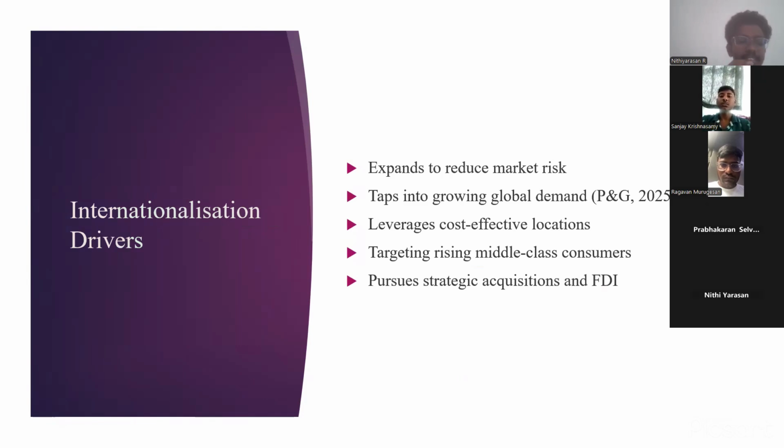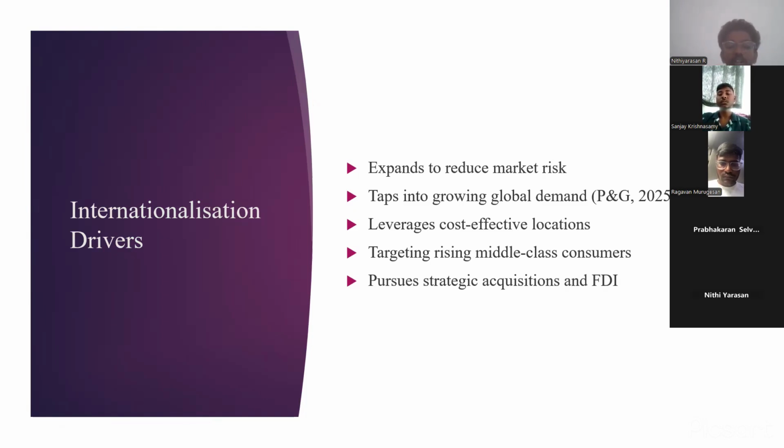This is the internationalization level. So what pushed them to go global? They had several reasons. First, they wanted to reduce their market risk by not depending on only one region. Second, there was growing demand from emerging markets. Third, they could take advantage of cost-effective locations for their manufacturing.